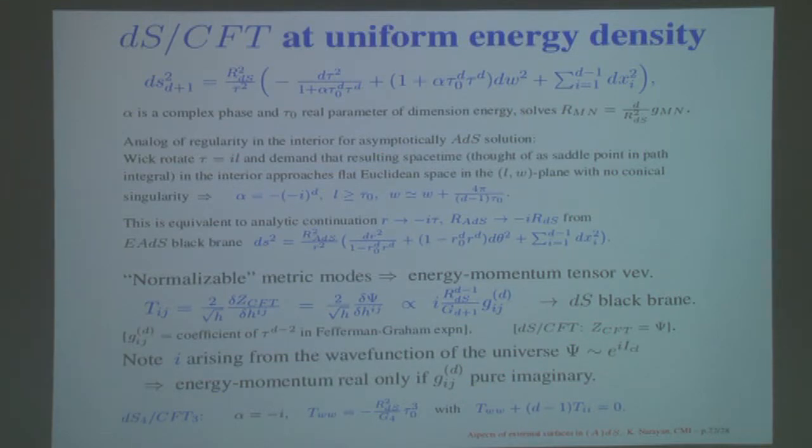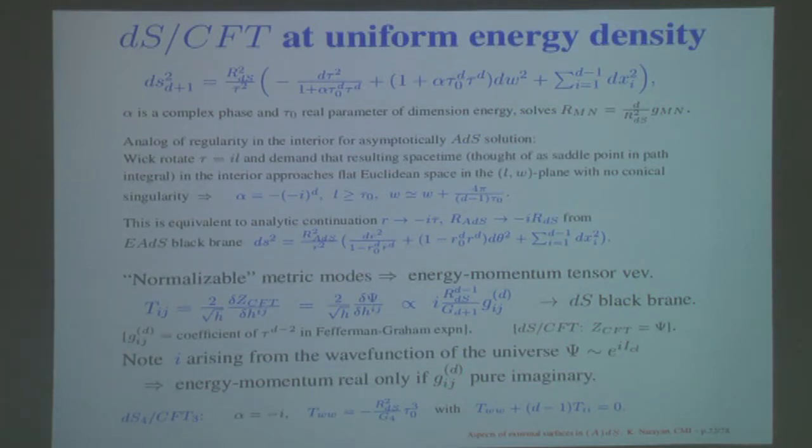So in particular for dS4/CFT3, what you find is that alpha, this parameter here, turns out to be minus i. dS4 is d is 3. So alpha turns out to be minus i. The energy momentum expectation value turns out to be real. This metric is actually a complex metric now. Okay. I mean, this is just a statement that if the metric is complex, then Tij is real.